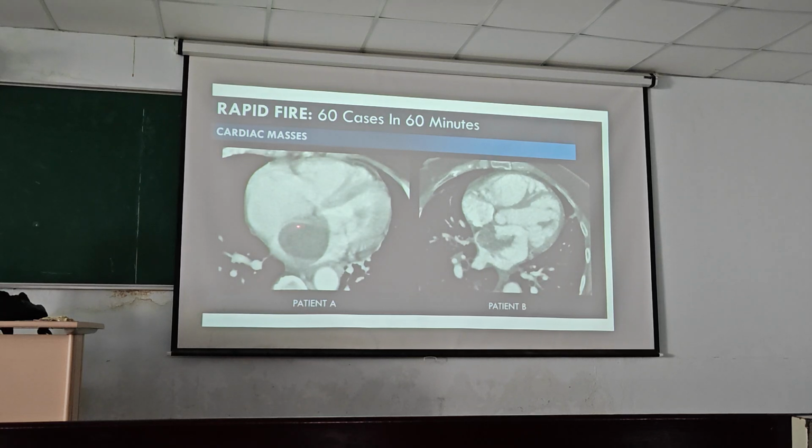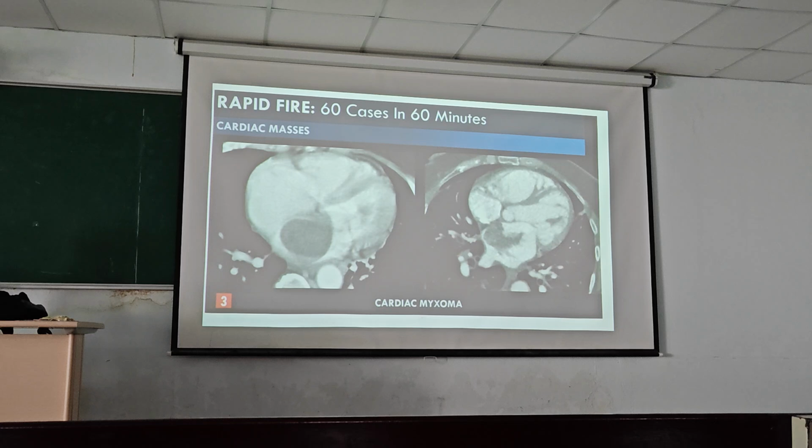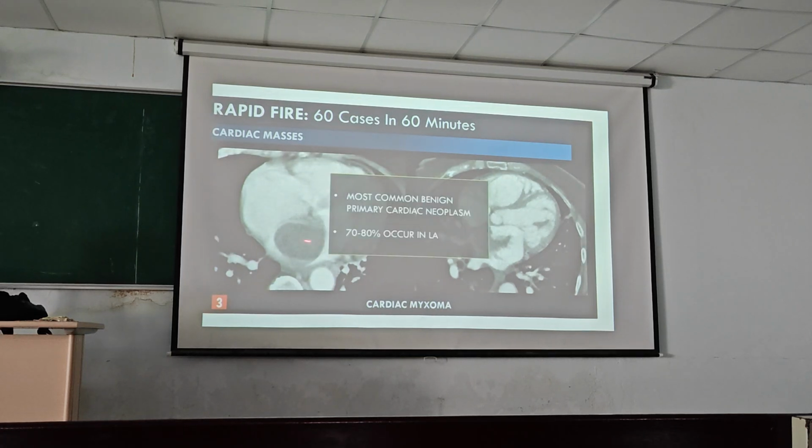So this tumor is in the left atrium, right? And it's abutting and it's pedunculated. So this is the most common benign primary cardiac tumor, cardiac myxoma. It loves the left atrium and sometimes the right atrium.